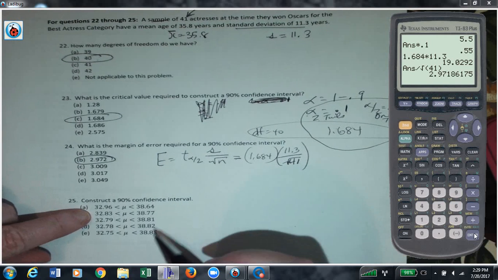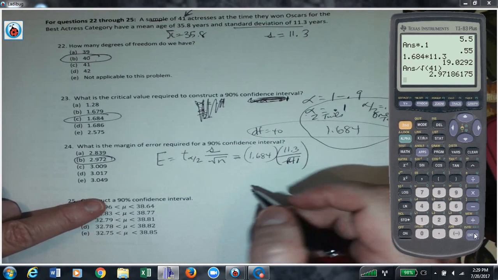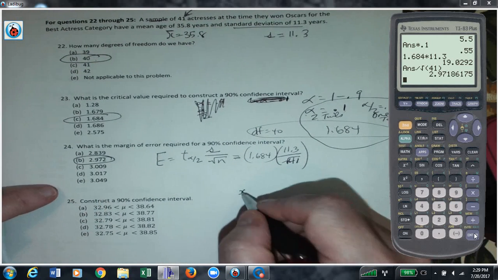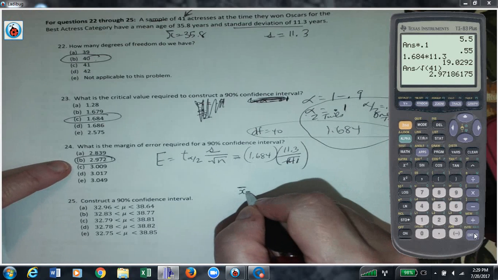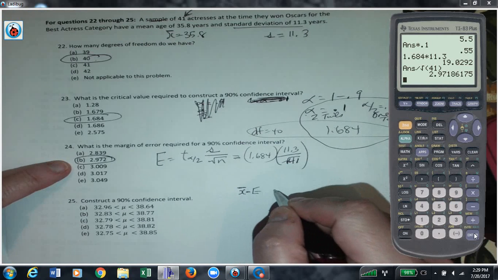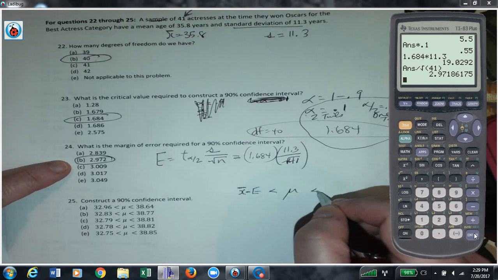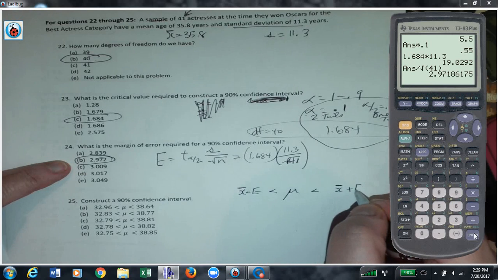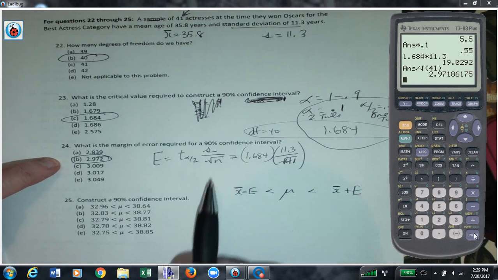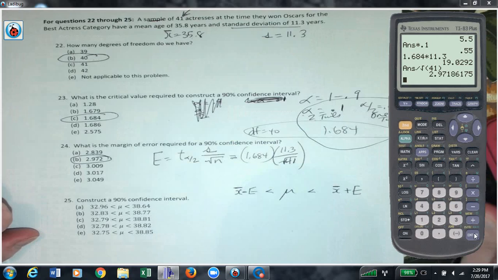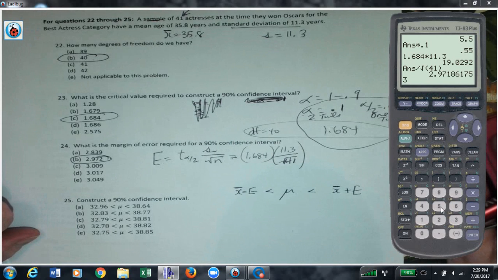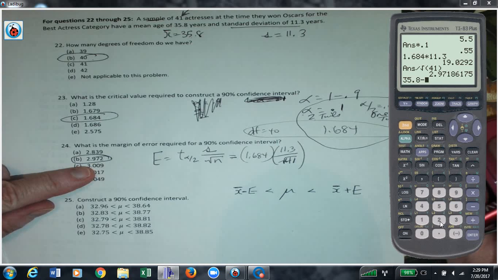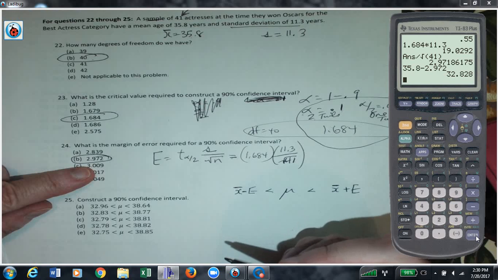So construct a 90% confidence interval. The lower limit is X bar minus E, and the upper limit is X bar plus E. X bar is 35.8 minus E, so minus 2.972. I get 32.828.